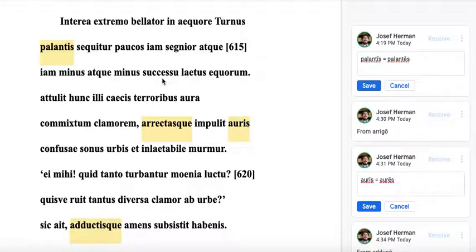This is ablative, he's happy in the progress, or rather he's less and less happy in the progress of his horses. Now successus is a word that gives us our English word success, but originally in Latin it just meant advancement or progress, and that's how I've translated it here. So he was less and less happy in the advance of his horses, and equorum here is genitive plural of his horses.